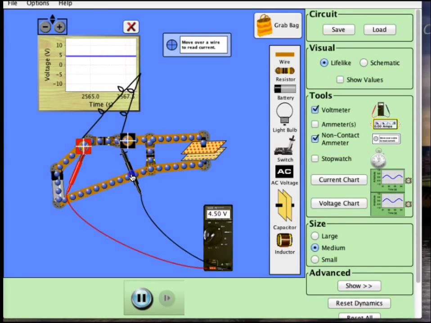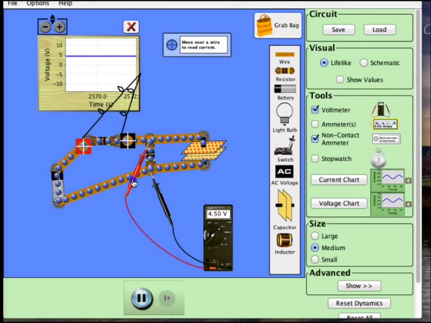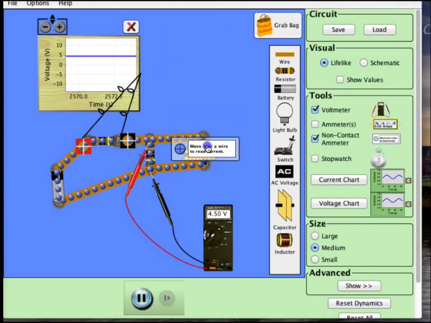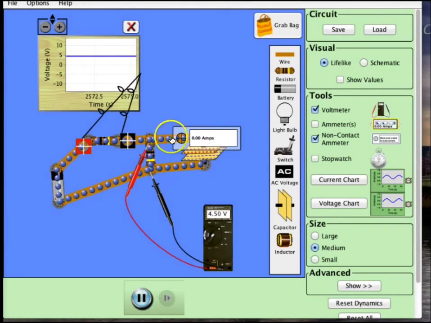Again, Kirchhoff's loop rule. So that means that this resistor should also have a voltage of 4.5. As you can see, there is no more current flowing through this outer wire. So essentially these 2 resistors are acting like 2 resistors in series. So there's no more current flowing over here.